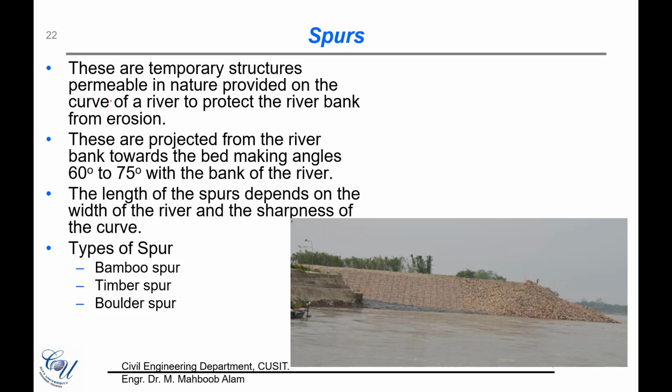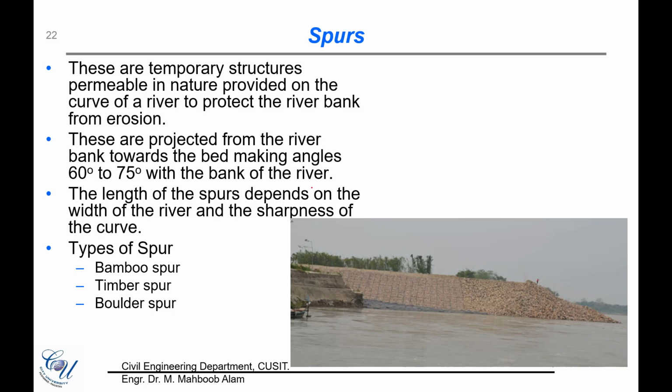These are permeable structures, so the water can seep through them, and they are installed at a particular angle, either to the upstream side or to the downstream side, and we'll see these angles in a couple of minutes, so that the water again can be directed toward the diversion headwork.